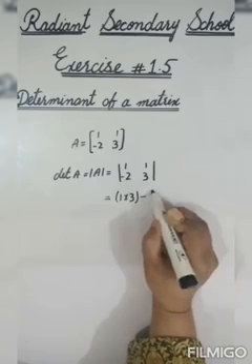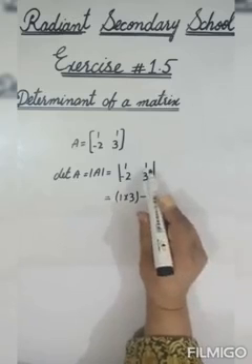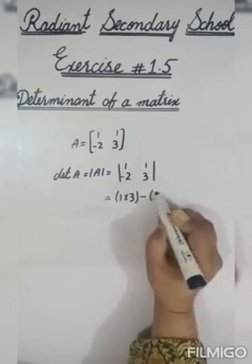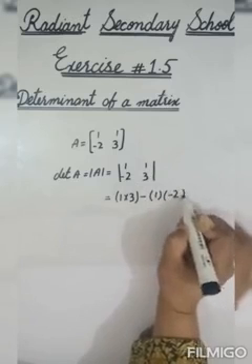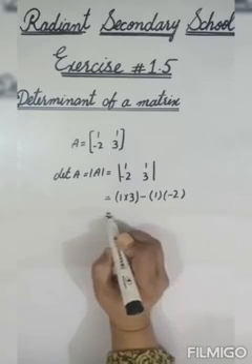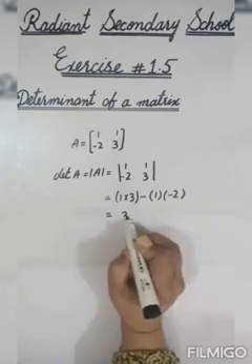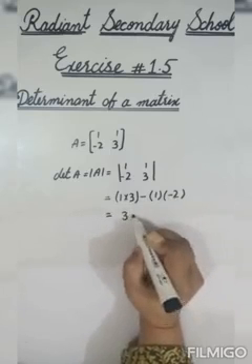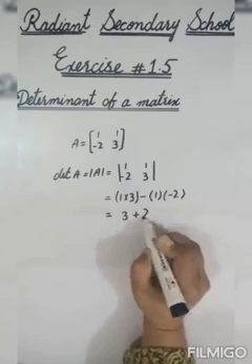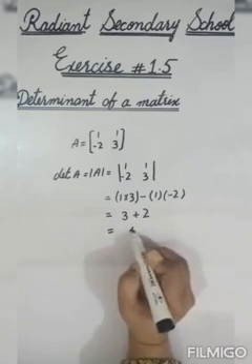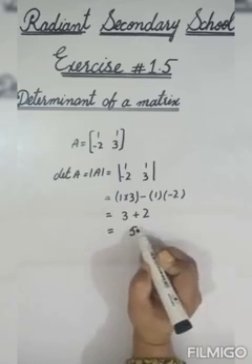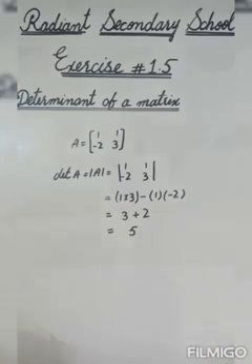Then you multiply the rest of the entries, which are 1 and minus 2. Now after solving, 3 ones are 3, minus minus plus 2 ones are 2, and by adding 3 and 2 the answer is 5. So the determinant of the given matrix A is equal to 5.